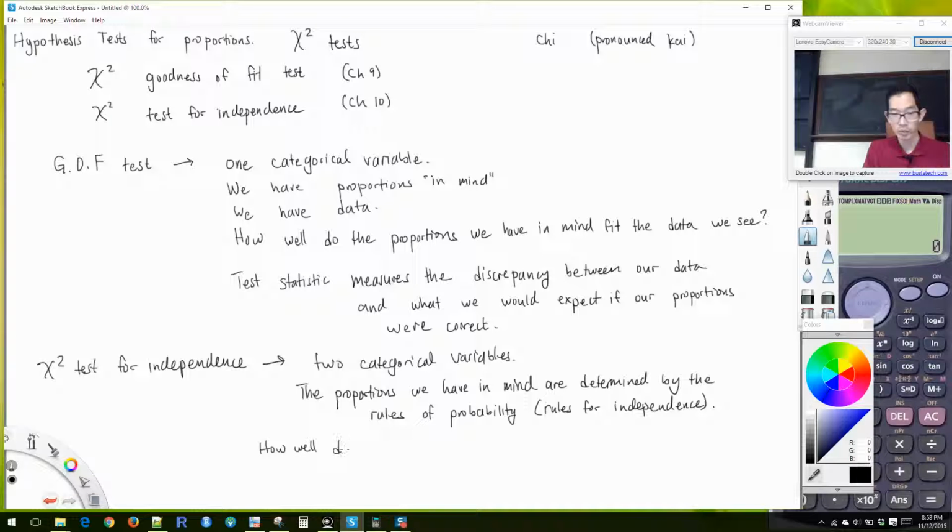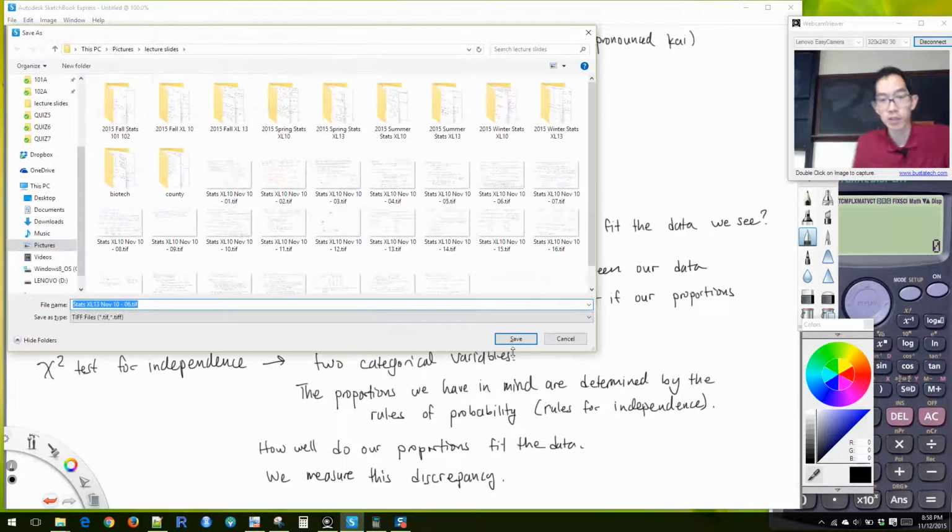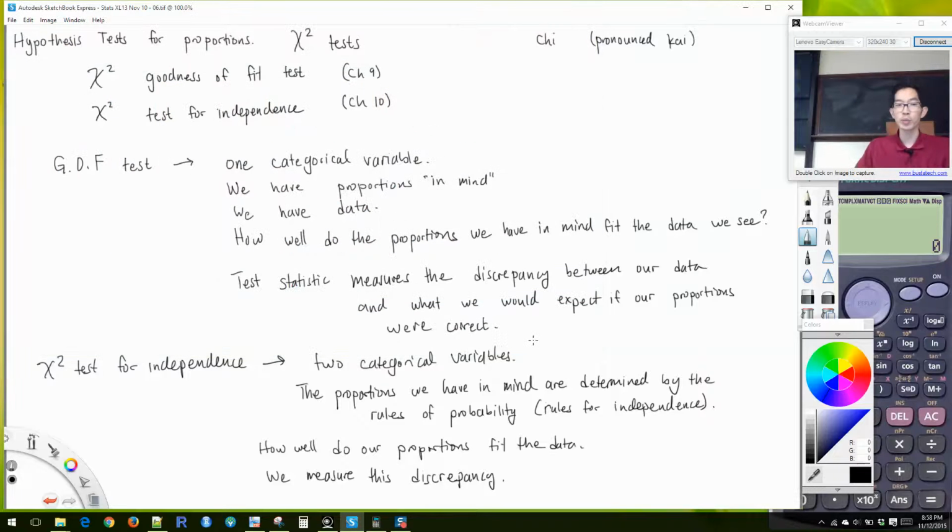How well do our proportions fit the data? And we measure this discrepancy. Okay, so that's conceptually the big picture ideas behind the chi-squared tests.